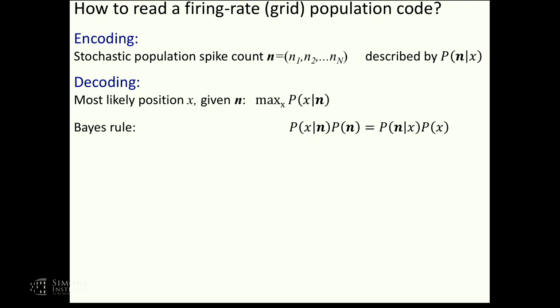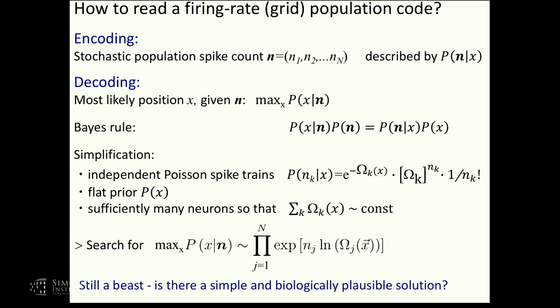So these 2 probabilities are related by Bayes' rule, and therefore you can, under certain assumptions that simplify the whole game, and I will make these assumptions, that there are independent Poisson spike trains, that there is a flat prior, and that there are sufficiently many neurons such that a particular term, the sum over the firing fields as a function of x, is constant as a function of x.